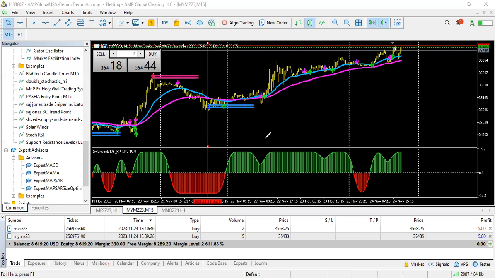So you're going to wait until, once again, the BC trend point arrow hits, the support and resistance arrow hits, letting you know that it's support. You're going to wait until the solar wind is above the zero line here. And you're going to wait until there's a crossover on the 50 and the 21.